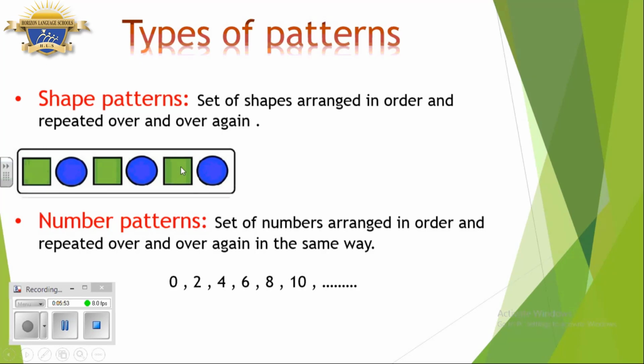Can you tell me the rule of this pattern? Yes, the rule is repeat or add green square, blue circle. So after the blue circle comes green square and then blue circle. As you can see, shape patterns are talking about shapes, just shapes.